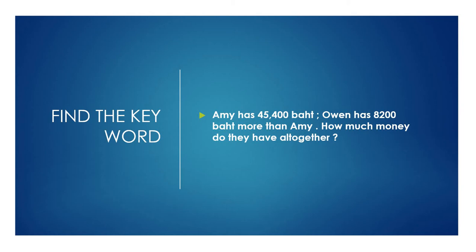More than means add to what Amy has and you will get what Owen has. Alright? So the answer would be 45,400 plus 8,200 equals 53,600 baht in total or all together.